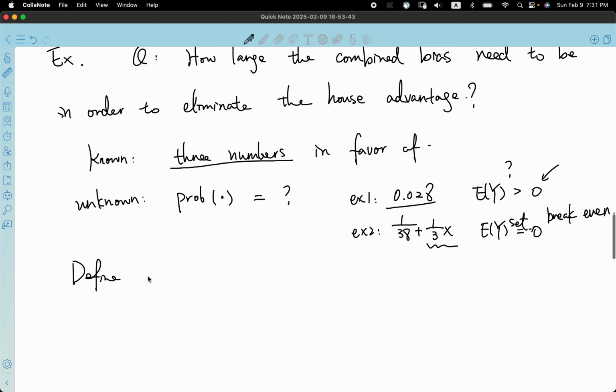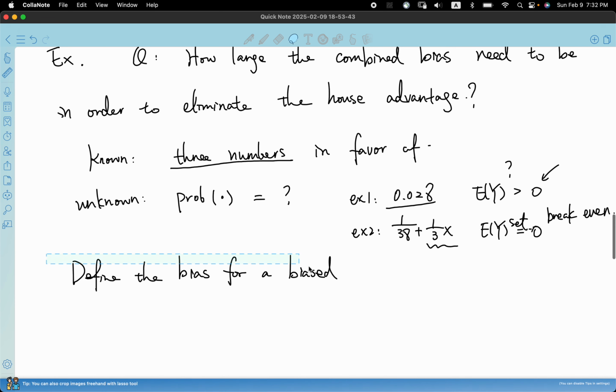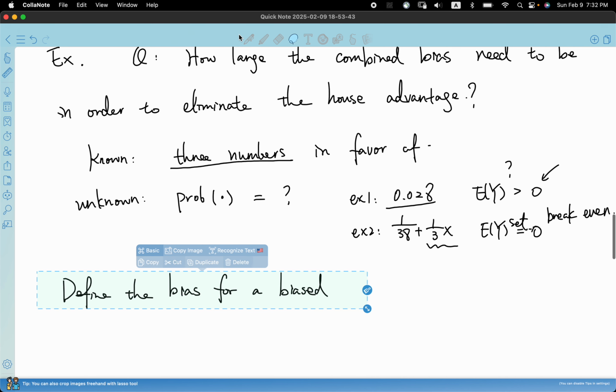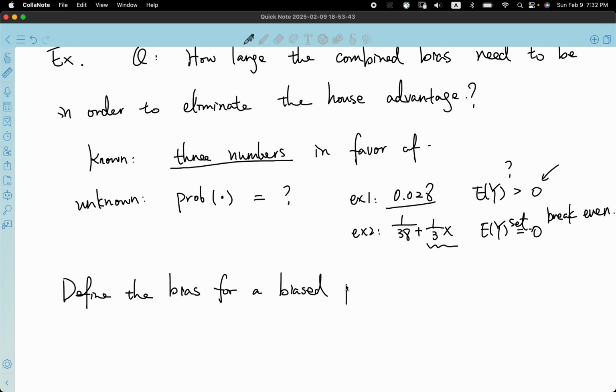So define the bias of the biased pocket as 1/3 multiplied by x.